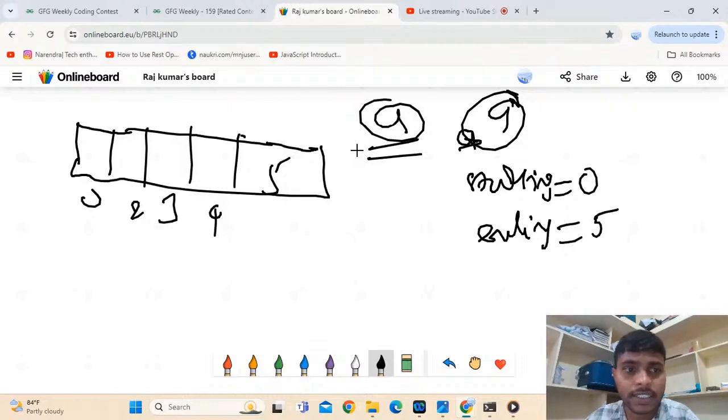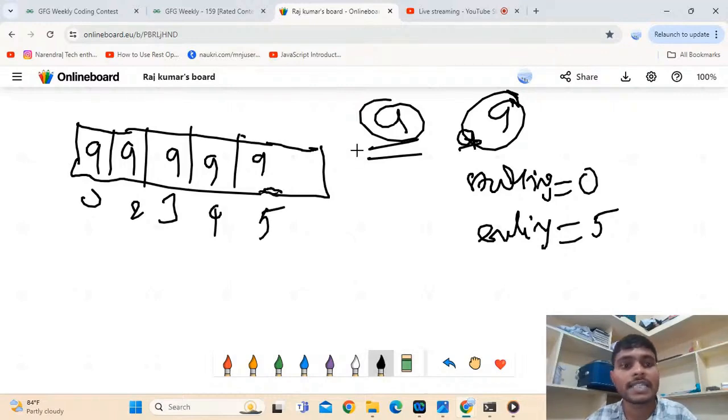From starting index 0, I am placing 9 9 9 9 9, up to the fifth index. Okay, guys, here 9.